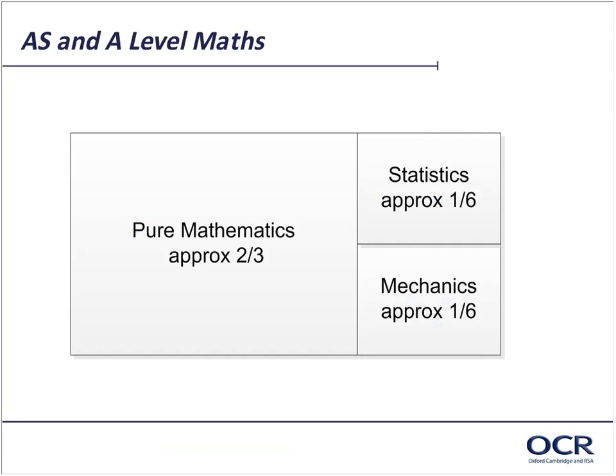In statistics, it's much more interpretive, much less calculations. There is the inclusion of a large data set, which I will be looking at, and there is hypothesis testing, which hasn't been in S1 in most specifications.